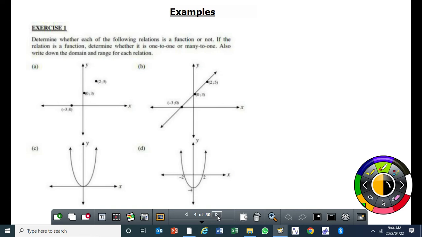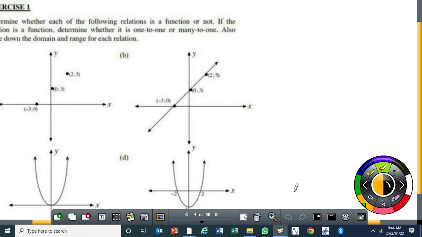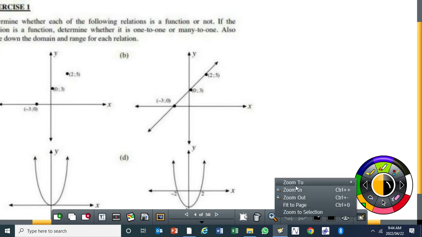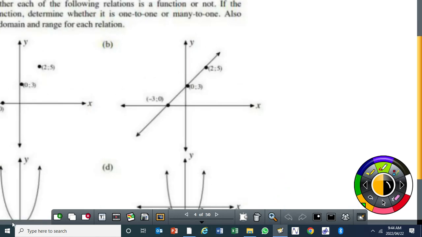If the relation is a function, determine whether it is one-to-one or many-to-one. Also write down the domain and the range of that relation.